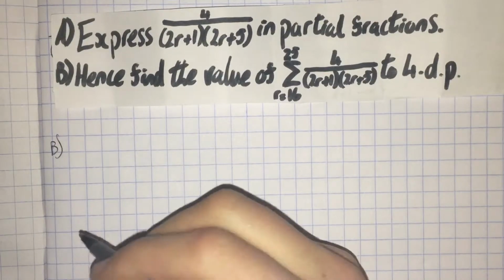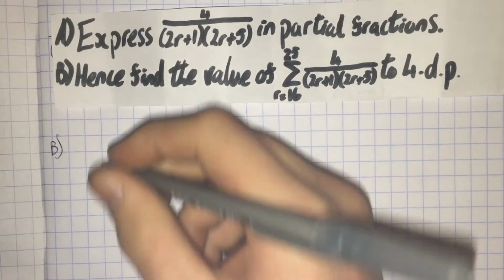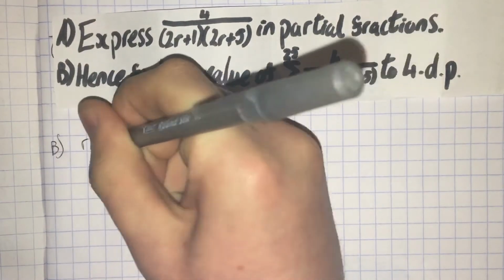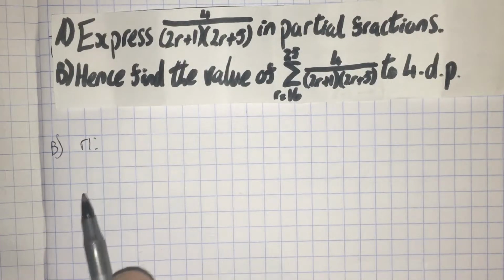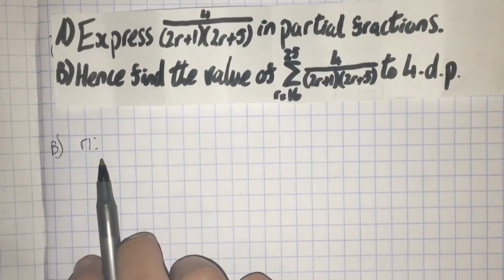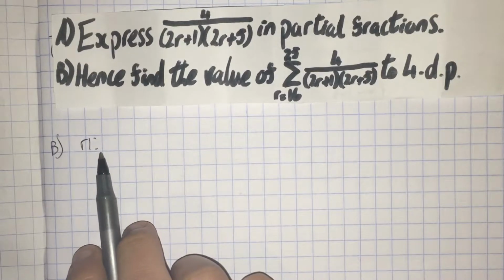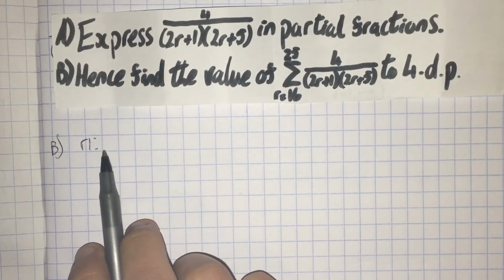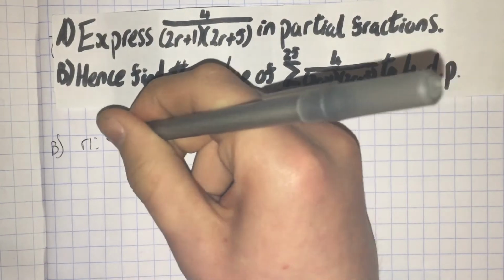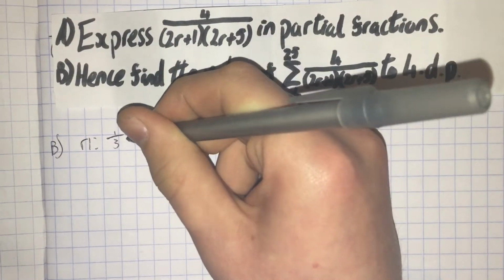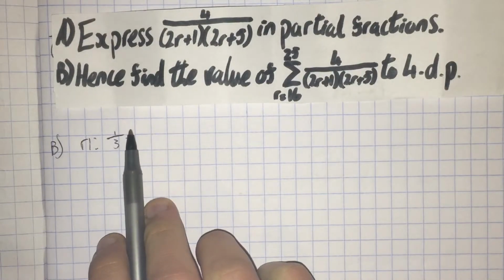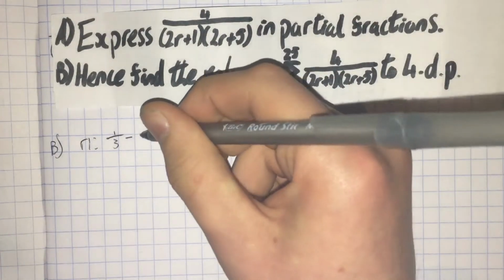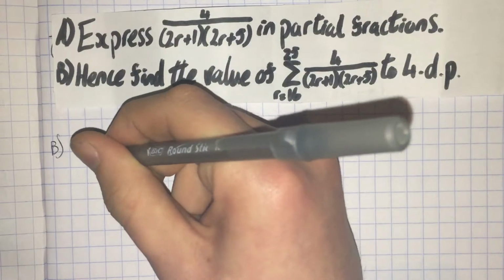So let's get our method of differences hats on. So starting with r equals 1, we shall have 1 over 2 times 1 plus 1, which is just 2 plus 1, so we'll have a third. Then we'll have minus 1 over 2 times 1 plus 5, which is a seventh.